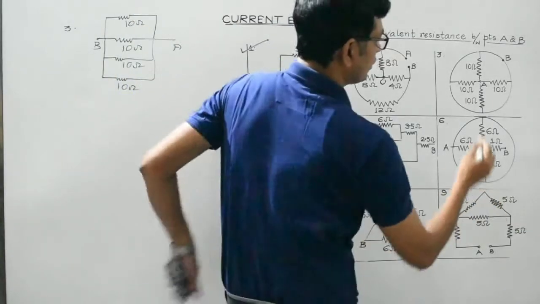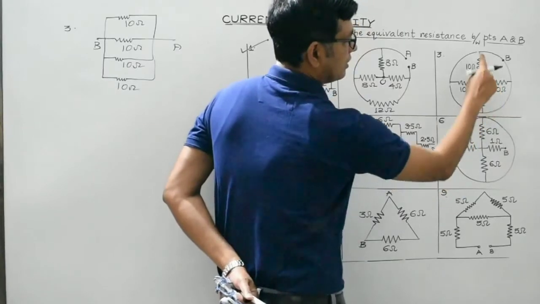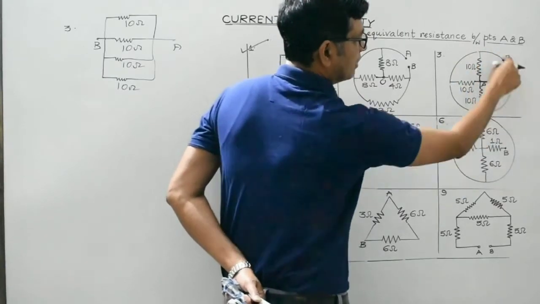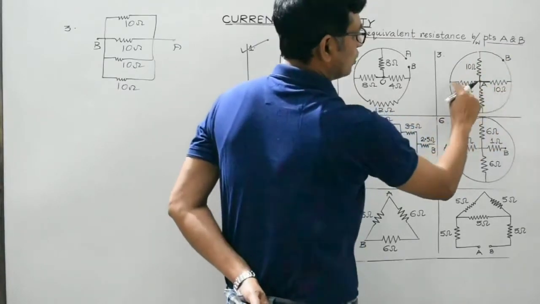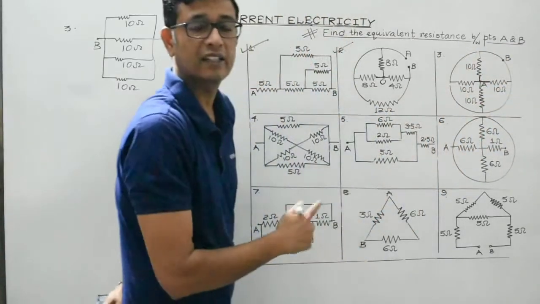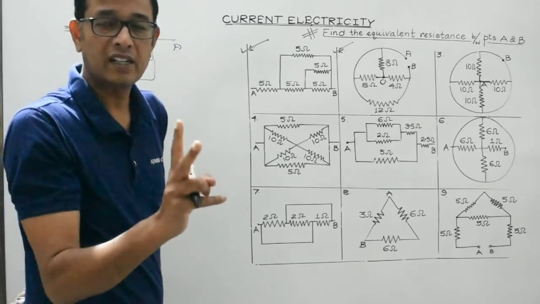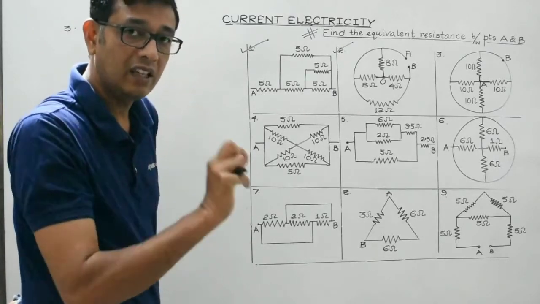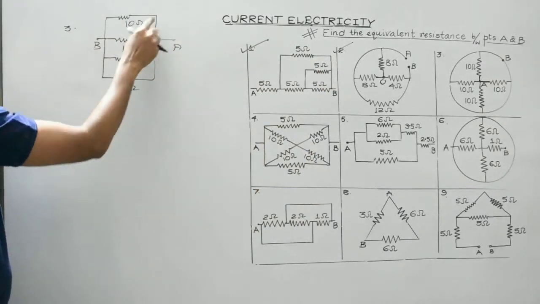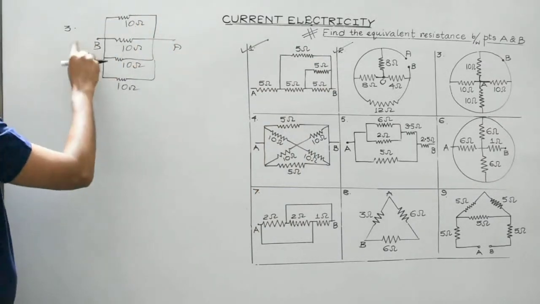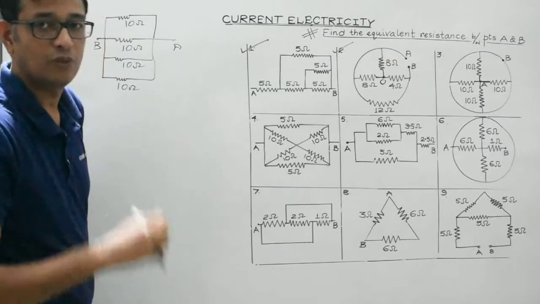Again, I must convince you, one end of each resistor is connected to point A, and the other end is connected to point B, and there is no circuit element on the circumference of the circle. So all four resistors have their two ends connected to the same two points A and B. That's the condition for a parallel combination.